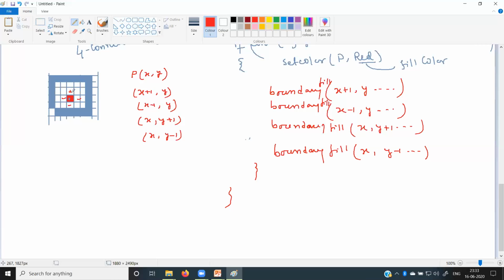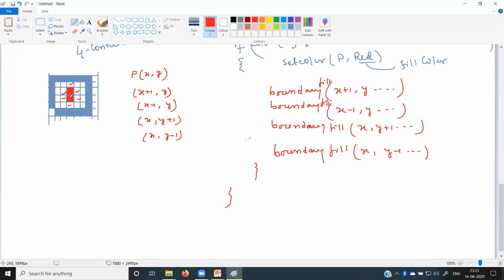Again, this pixel will check its background. Its color is white, so it is not blue, not red. So it will fill it by the red color. Then again it calls all its nearest neighbors. What are the nearest neighbors? The four nearest neighbors are this one, this one, this one, and this one.